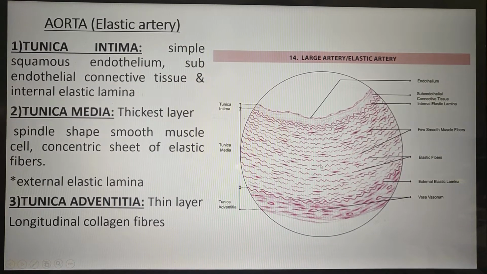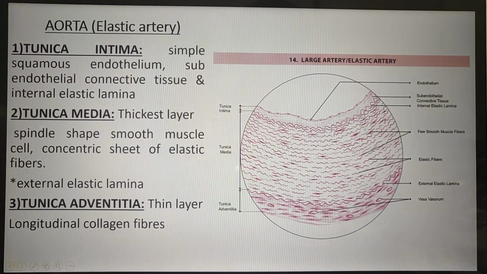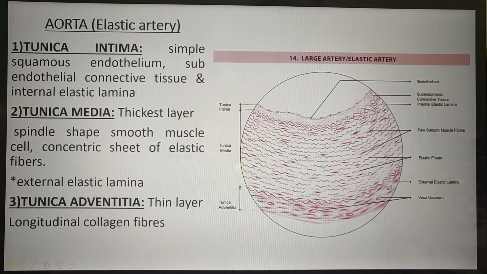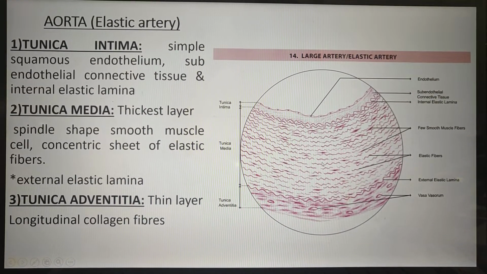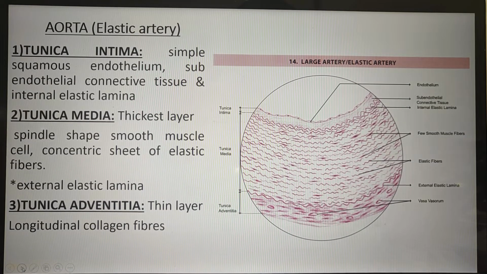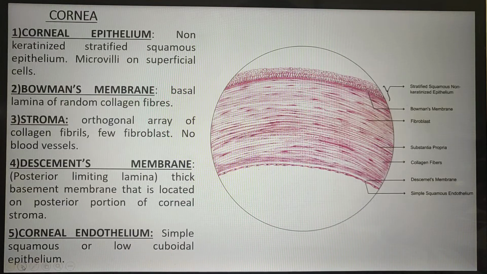One thing you have to remember, inside the muscular artery the elastic fibers are comparatively less, and the tunica media is thicker as compared to the elastic artery. So this is about the elastic artery.